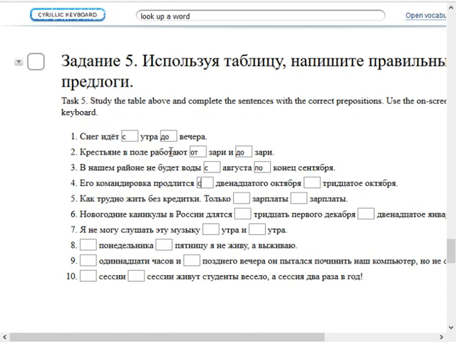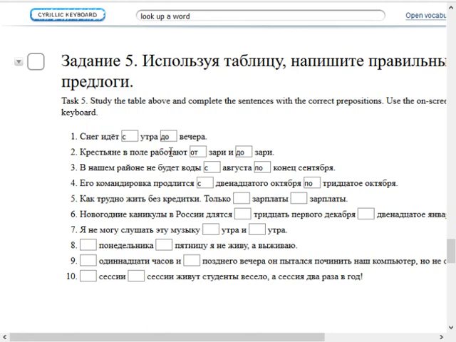So again, talking about months, so his командировка, his business trip, will last from the 12th of October until the 30th of October.